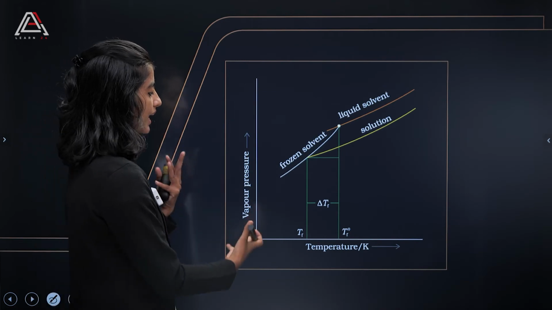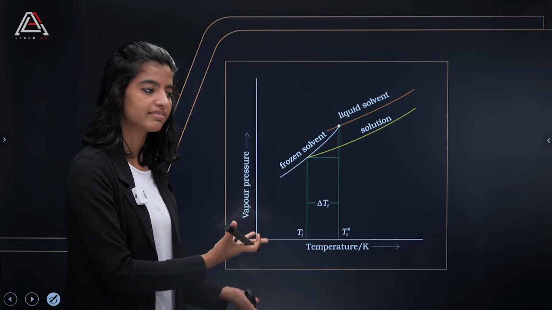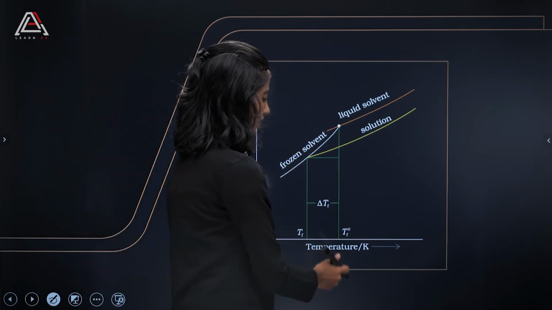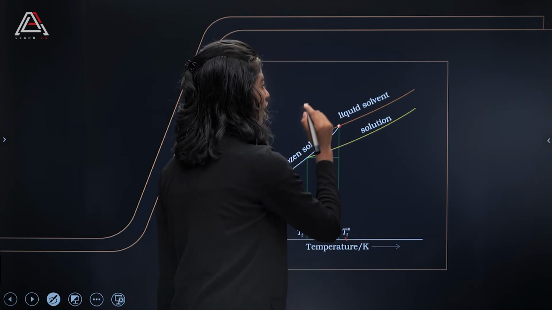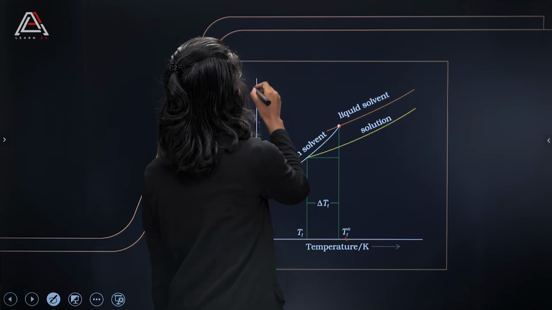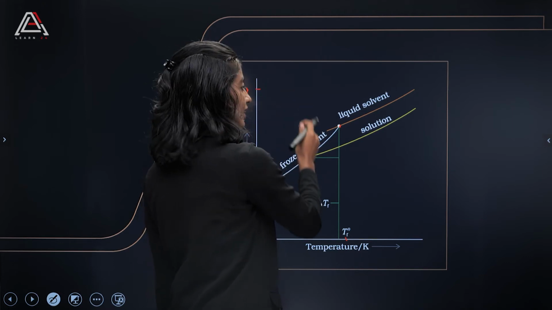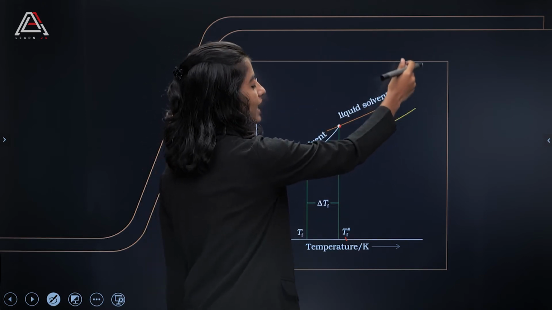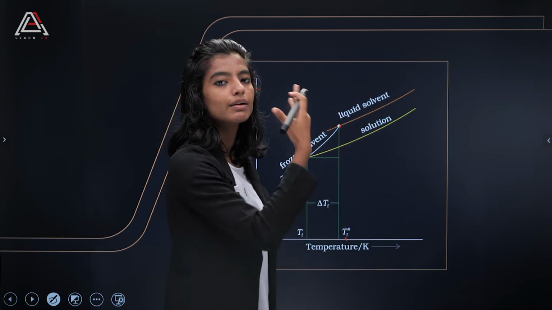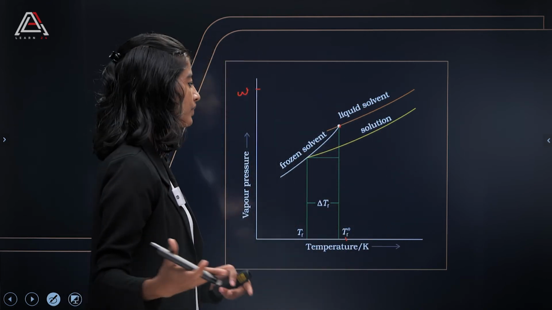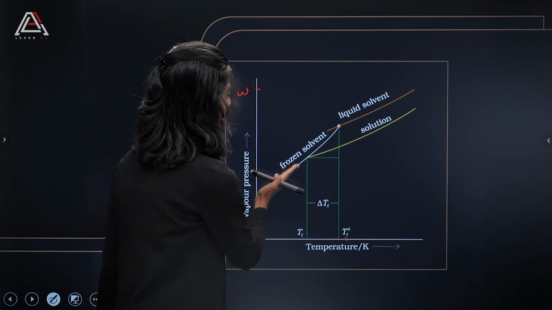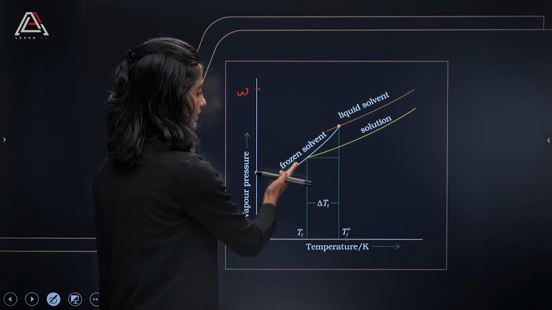Now, let me explain it with the help of a graph. In this graph, we already know that at room temperature the vapor pressure of solvent was this, and when it reached 1 atm pressure, that temperature is called the boiling point of that solvent and solution. We already know about that. Now, this is the vapor pressure of frozen solvent.